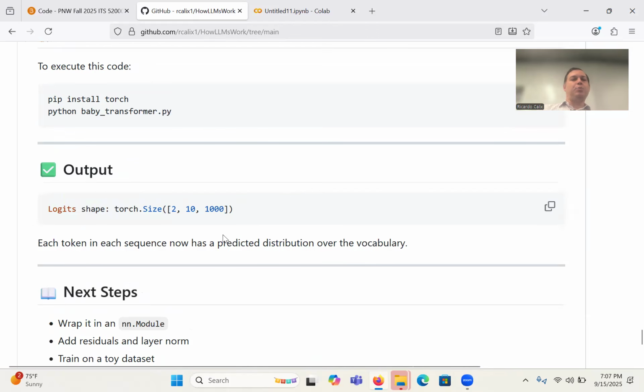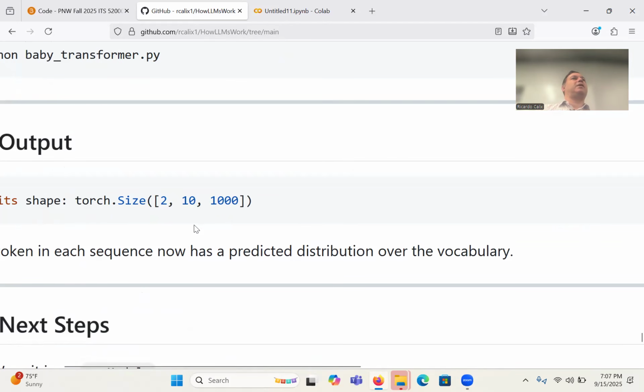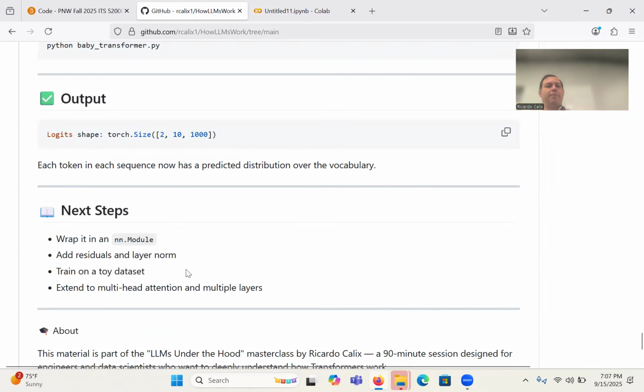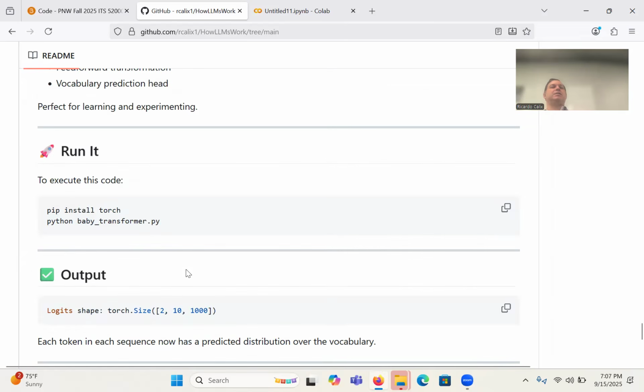The output should be 2 by 10 by 1,000. What does the 1,000 represent? The 1,000 subwords. So this actually represents the word cat or tea or something. Each token in each sequence now has a predicted distribution over the vocabulary. All right, and yeah, that's it.